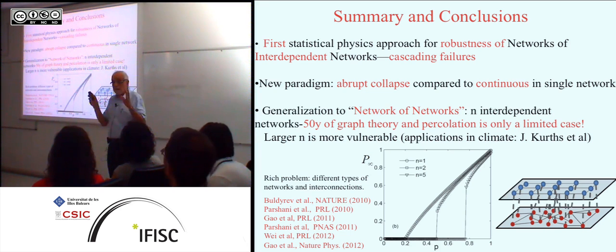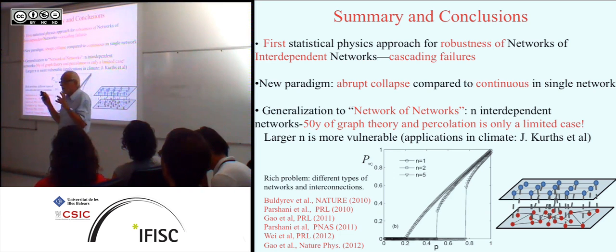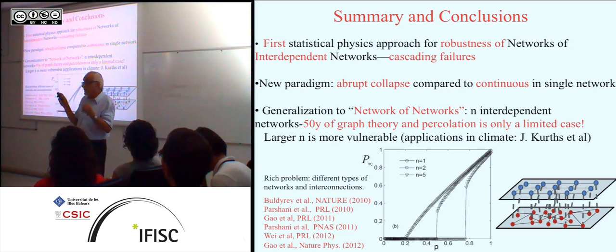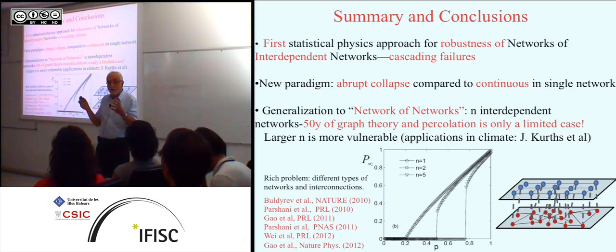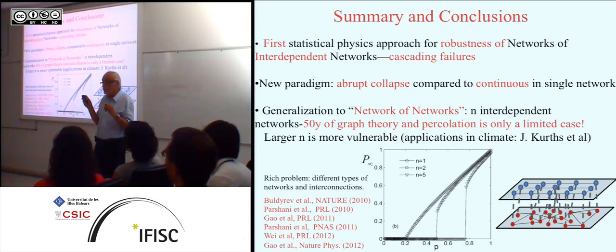Even a single network, let me tell you. If you take a random graph with average k equal to 4, PC is 1 over k average, which means 1 over 4, so you can remove 75% of the nodes and the network still exists. If you take a lattice where k is 4, PC is not 1 over 4, but almost 0.6, 0.593.